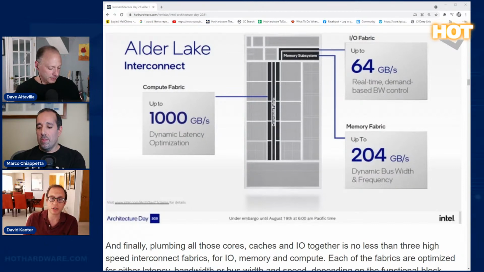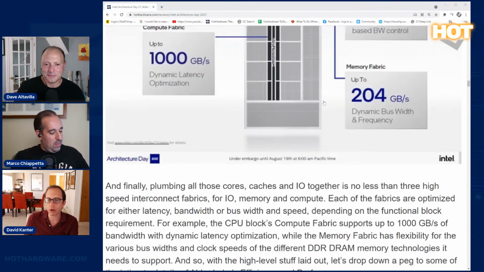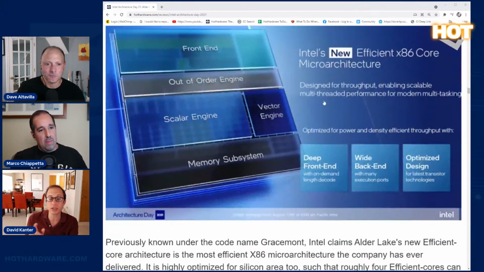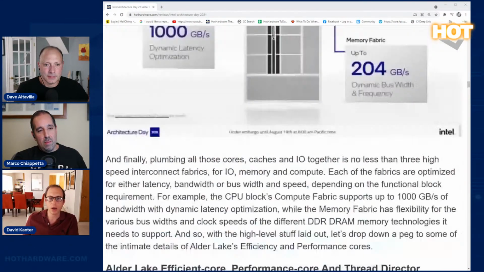I think one of the things that is interesting is the big and bigger cores, right? With the hybrid cores, we haven't seen an Intel part with a fabric, and it used to be the ring fabric, and you've now got the mesh, right?